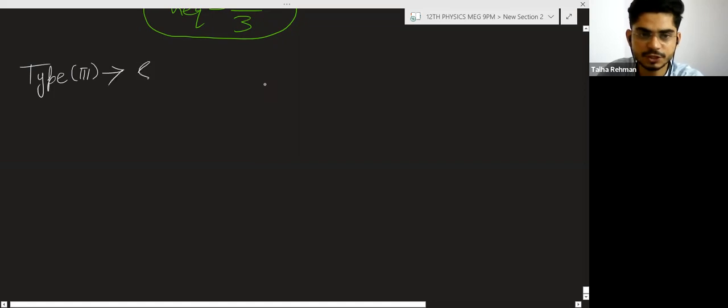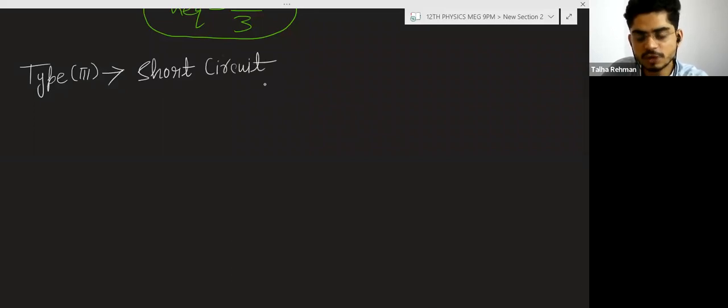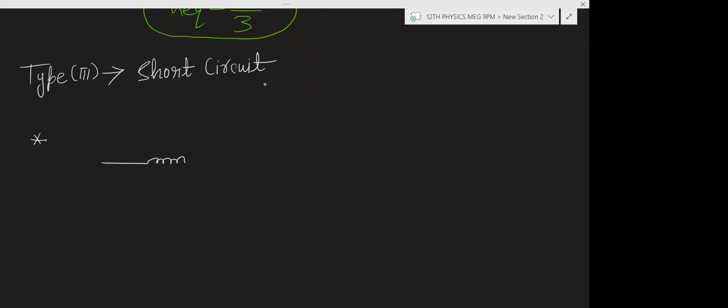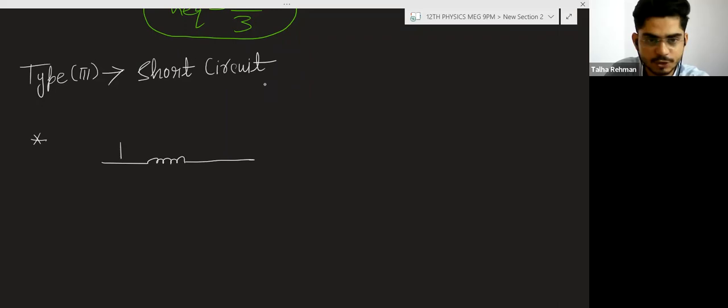Type third is short circuit. The meaning of short circuit is, suppose you have a resistance like this, and you have connected this resistance with a single conducting wire.